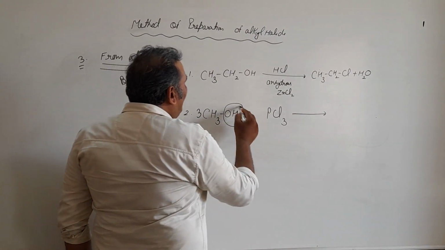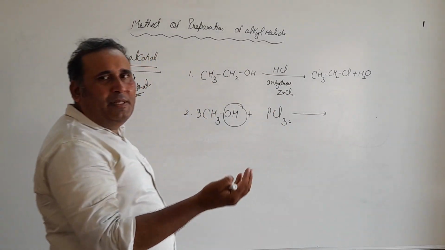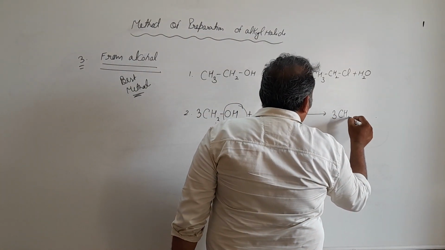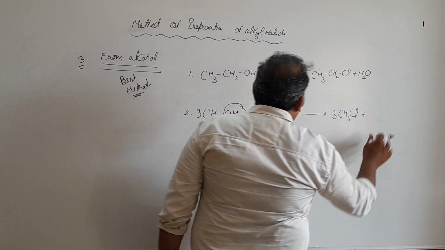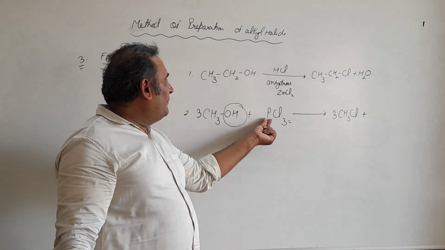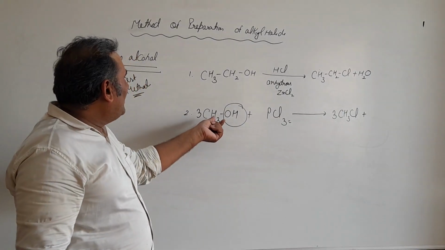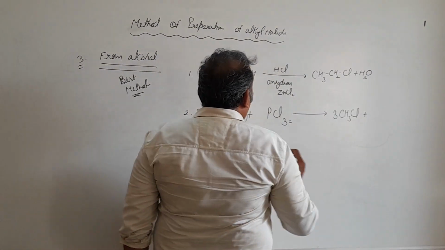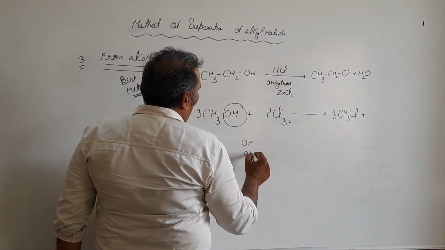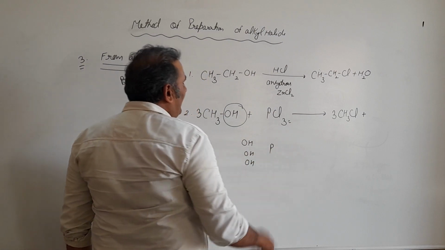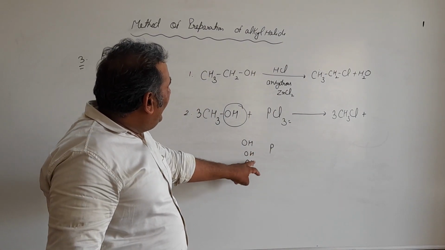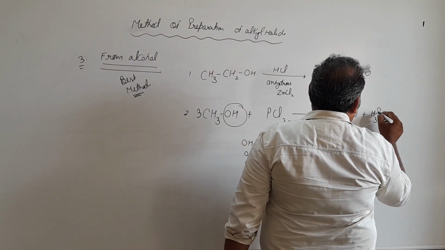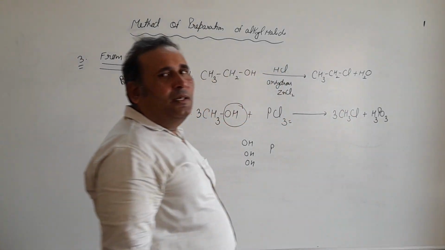One OH will be substituted by one Cl atom, and we will get 3 CH3Cl plus the remaining part. The remaining part is one phosphorus atom and, because we are removing 3 OH, 3 OH. One phosphorus remains, and it can make H3PO3. So simply you can learn it like that, H3PO3 is a byproduct.